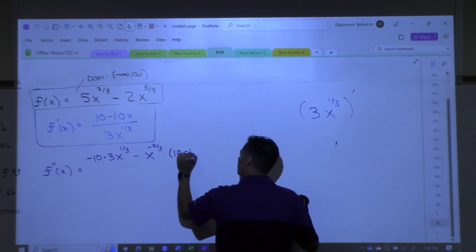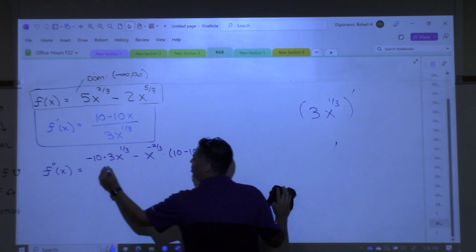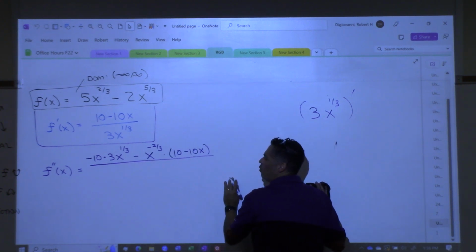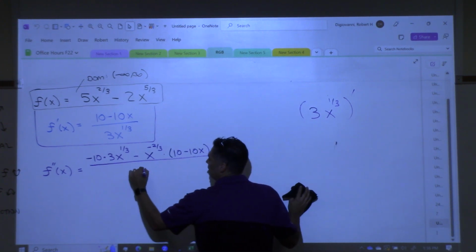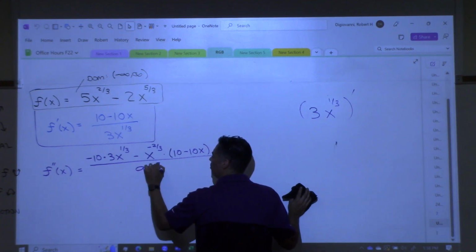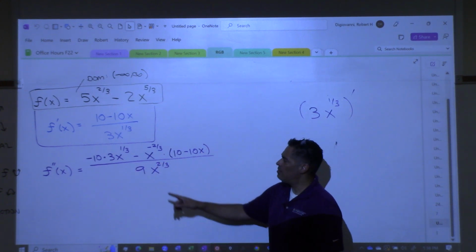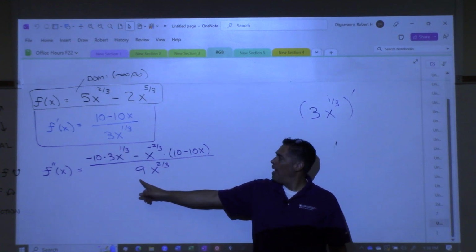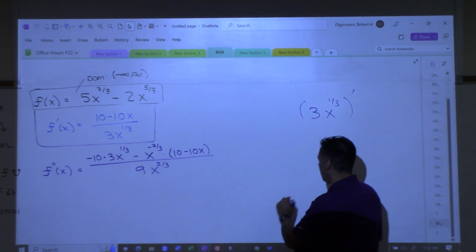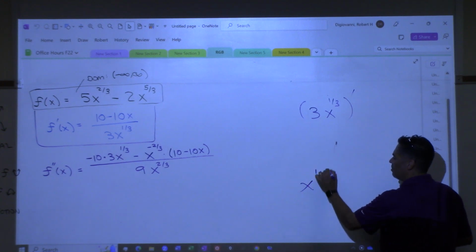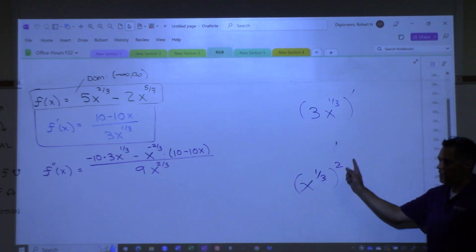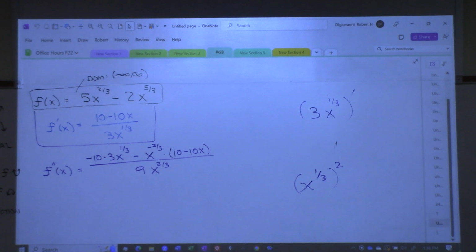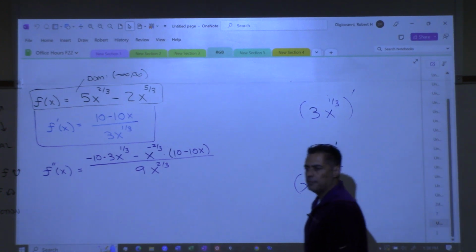And then all over the bottom squared, 9x to the 2/3. So what I did there is I squared this. Squaring 3 becomes 9. And then I squared x to the 1/3, and that means you multiply those two and you get x to the 2/3. Y'all see it?